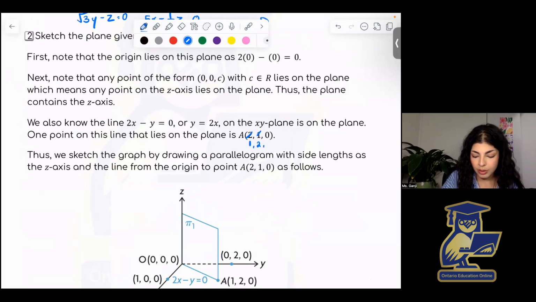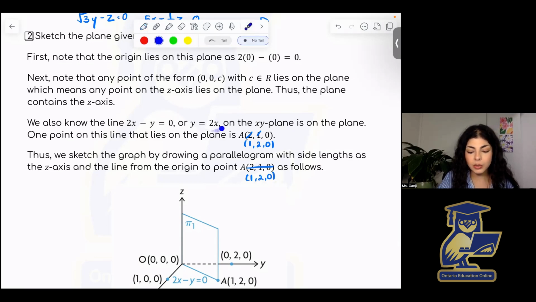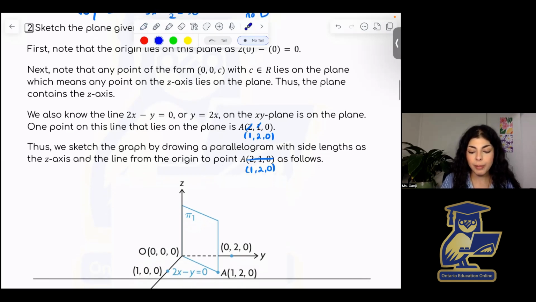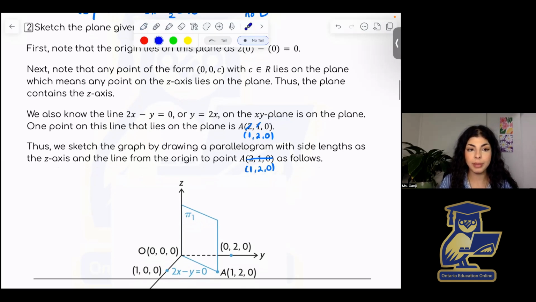Same here, this will be 1, 2, 0. Because when x is equal to 1 and this produces 2, then y will be equal to 2. And again, any value of z here works, but we just wanted to pick one point, and we picked it so that it is on the xy plane.